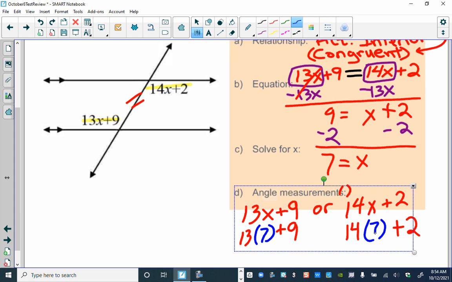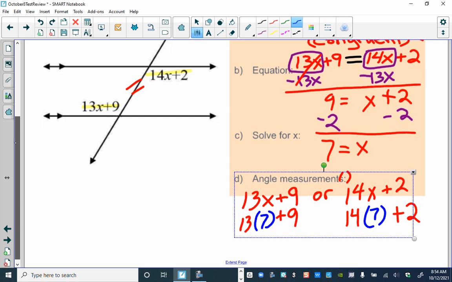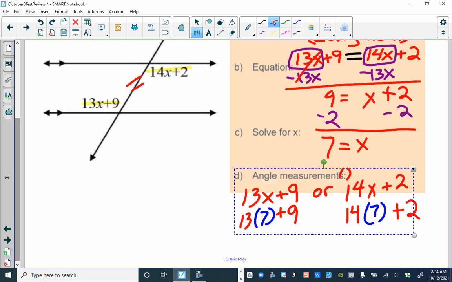All right, so if we multiply 13 times 7, did anybody multiply 13 times 7? What would you get? 91? And if you add 9, what's 91 plus 9? Yup, 100.